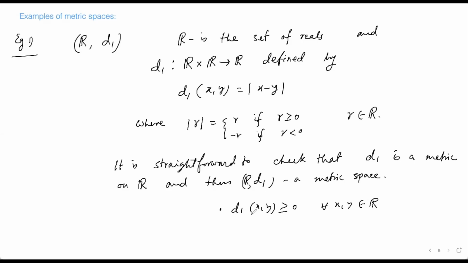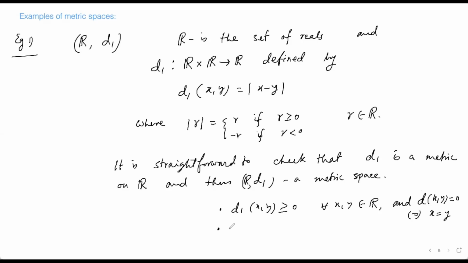And d(x, y) is equal to 0 if and only if x minus y equal to 0. That is, if and only if x equal to y.